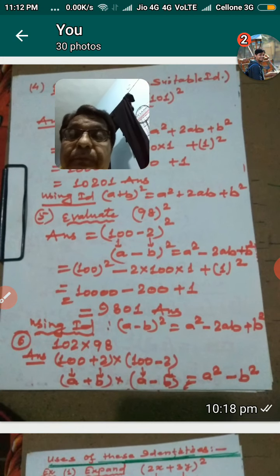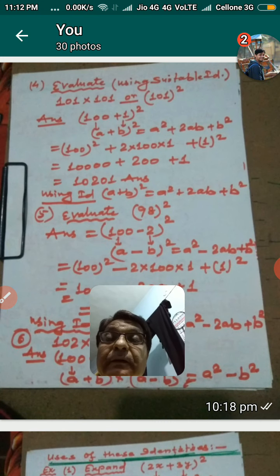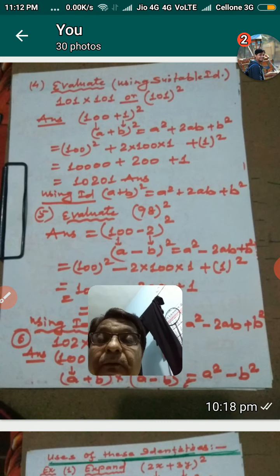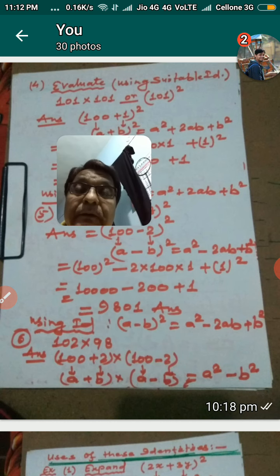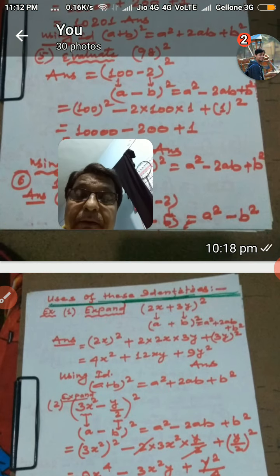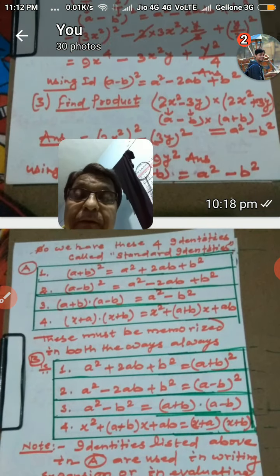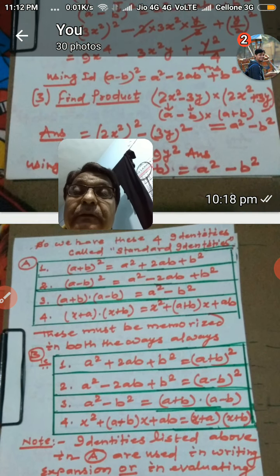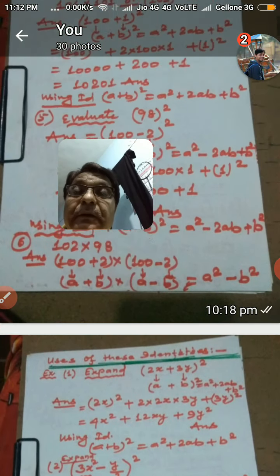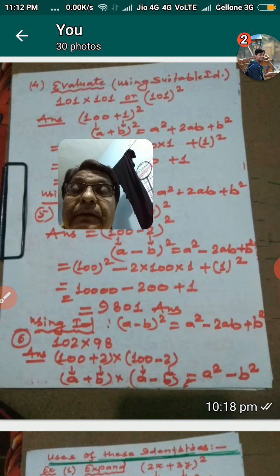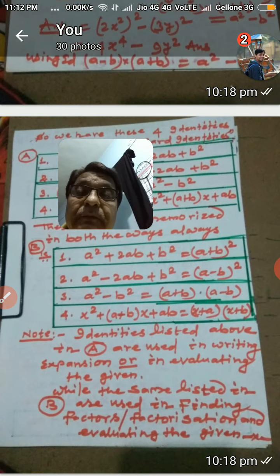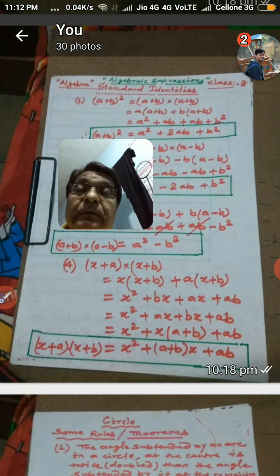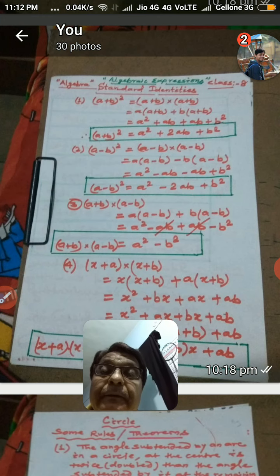So where is this space here? I think no, this one is not. Yeah, this is the product. Now we are evaluating using identity. Yeah, this page is done, this one is done, this one is done.